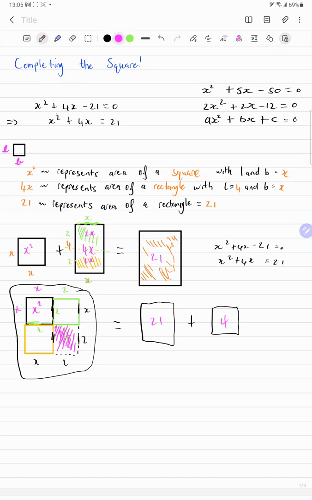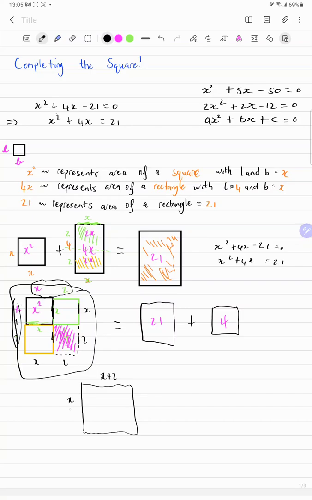This is just a visual proof, right? I hope you guys will see this as the sum of areas, okay? And then we have a perfect square on the left hand side in terms of x plus 2. So its length and breadth will be x plus 2. Why? Because I completed a perfect square. So I will have now x plus 2 on my one side, and that's this length here, and this is the other side length here, x plus 2, and this is another 2, right?